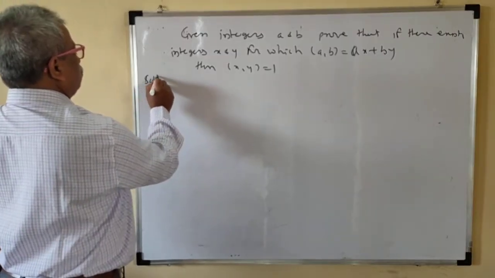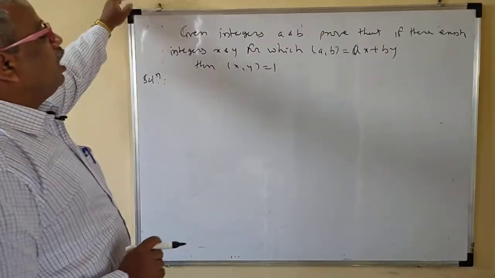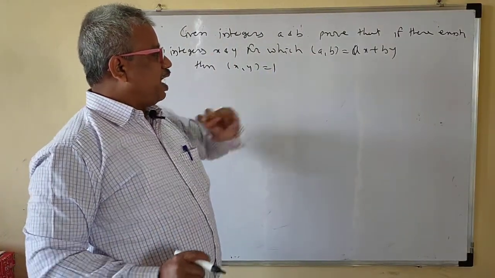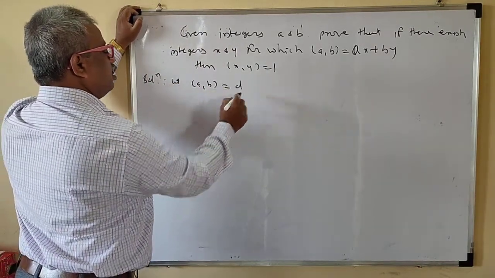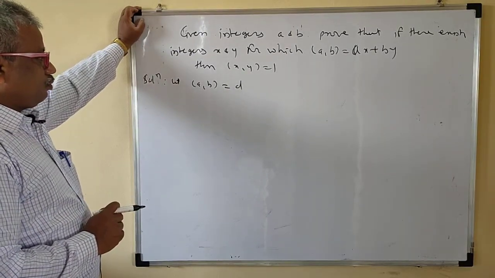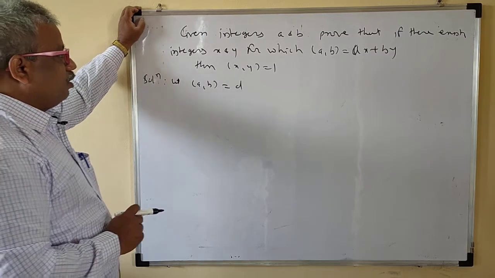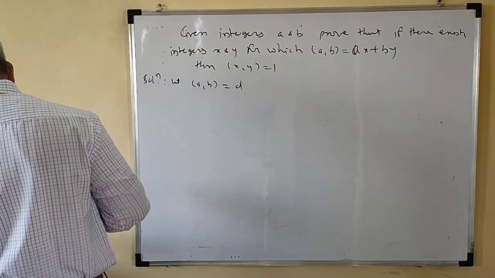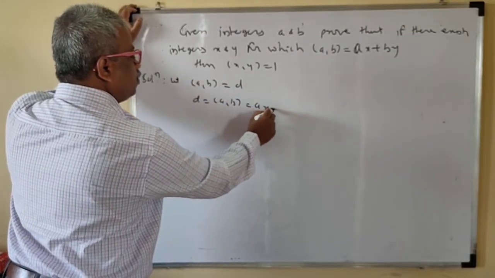Okay, solution. So what do you have to prove? There exist x and y for which... we'll take the GCD of A, B as D. So there exist integers x and y so that D, the GCD of A, B, is equal to ax plus by.